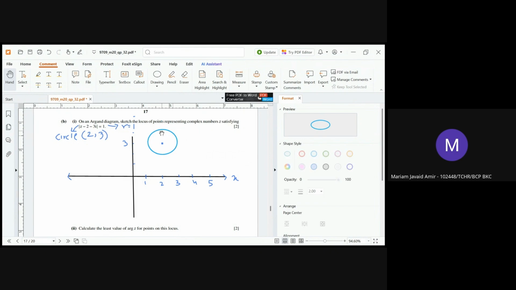Yeah, radius 1 and center (2, 3). Okay, so something like this. So B1 is done.